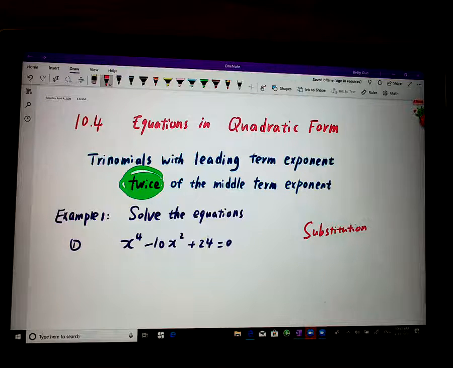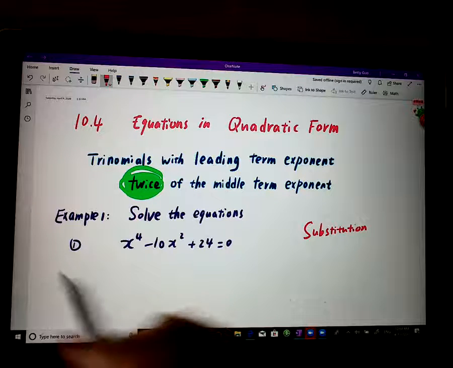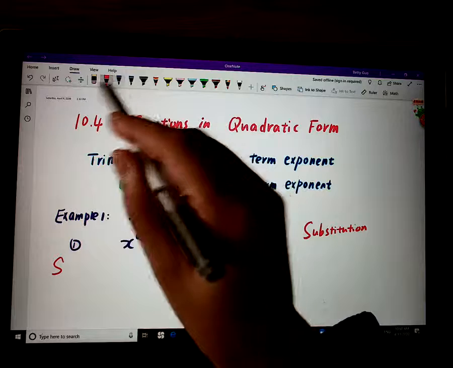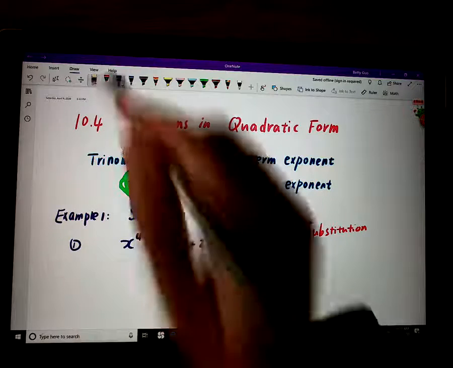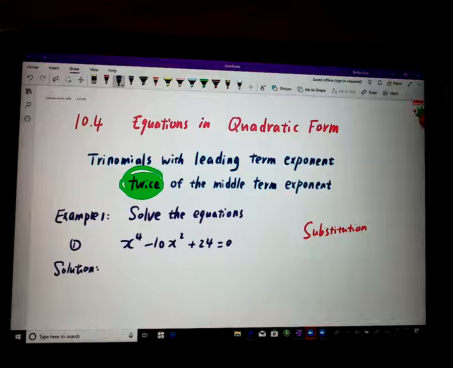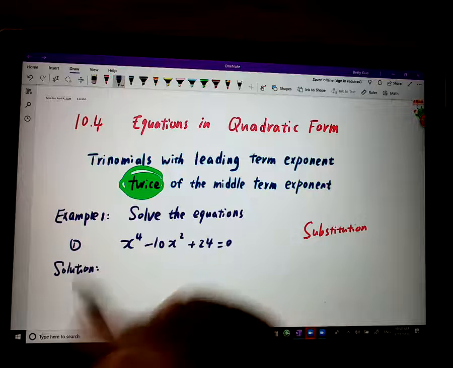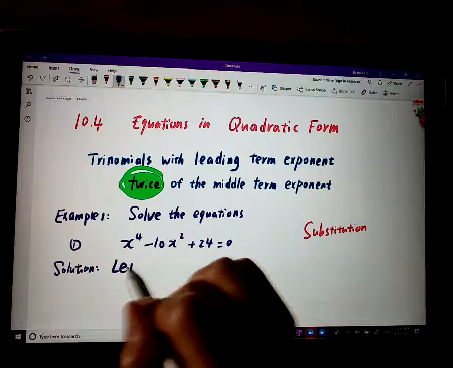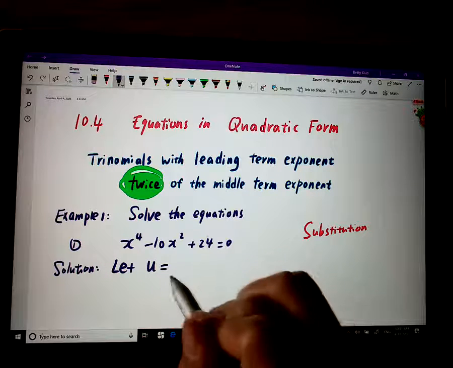Okay, substitution method. So we are going to bring in a new variable u, or you can choose your favorite letters. I use u, or you can use t or y, whatever you prefer. I let u be x squared.